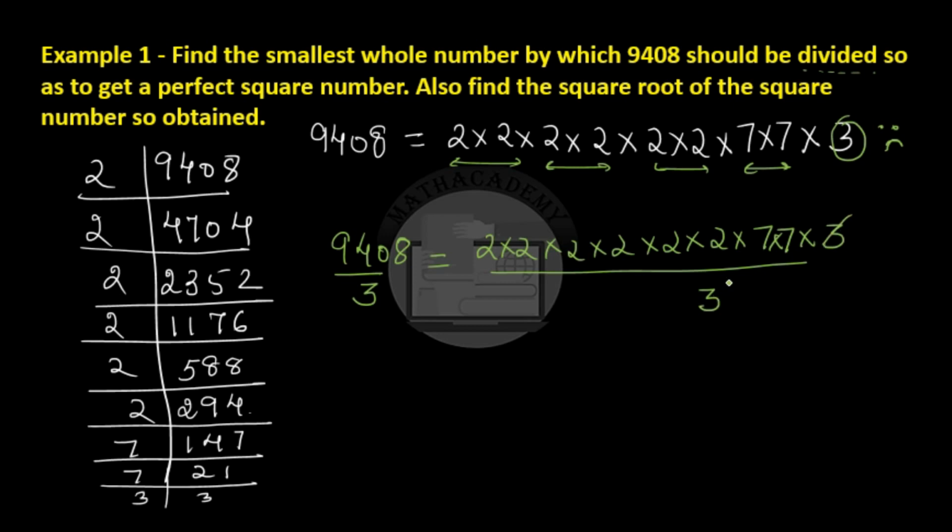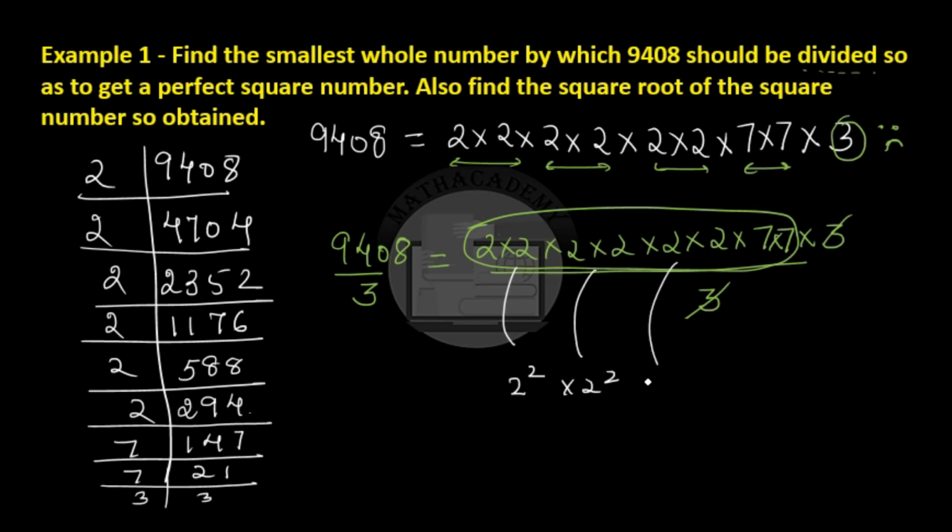So this 3 and this 3 cancel off, and this remaining number has all the factors which come in pairs. Okay. So we have 2 square, another 2 square, another 2 square, and a 7 square.